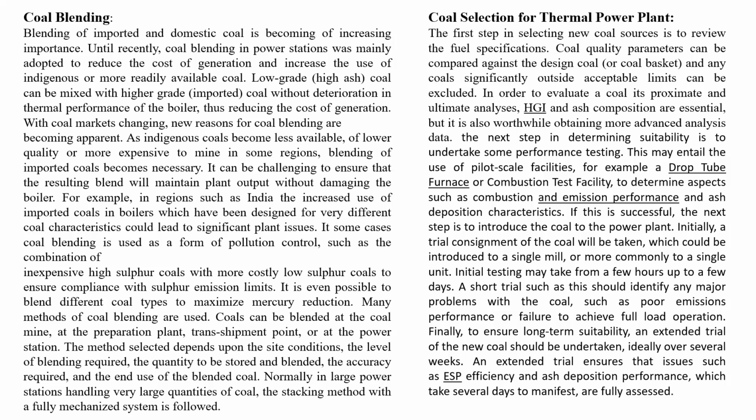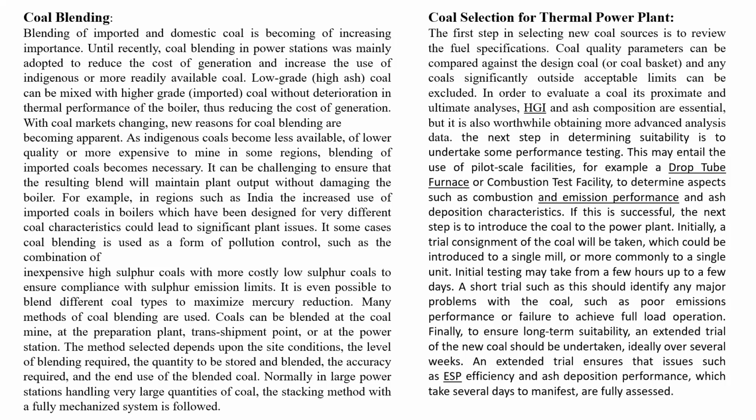Then if this is successful, the next step is to introduce the coal to the thermal power plant, initially on a trial basis. Trial concentrated coal will be taken, which could be introduced to a single mill. There are usually more than one mill in the power plant, 3 to 6.